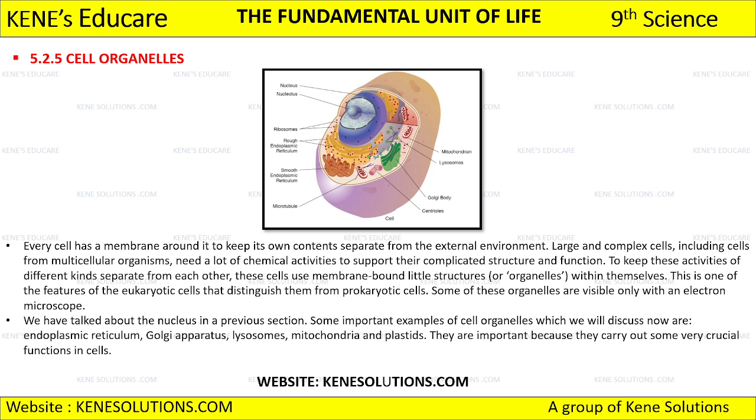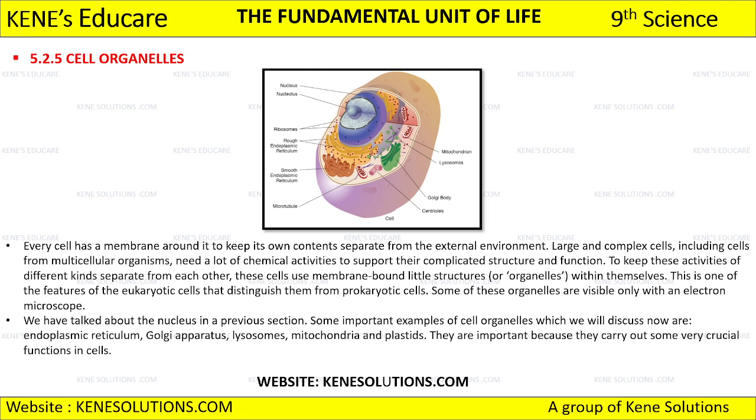Now what are multicellular organisms? The organisms which are made up of many cells. So these multicellular organisms need a lot of chemical activities so that they can support the complicated structure and function provided by the cell.